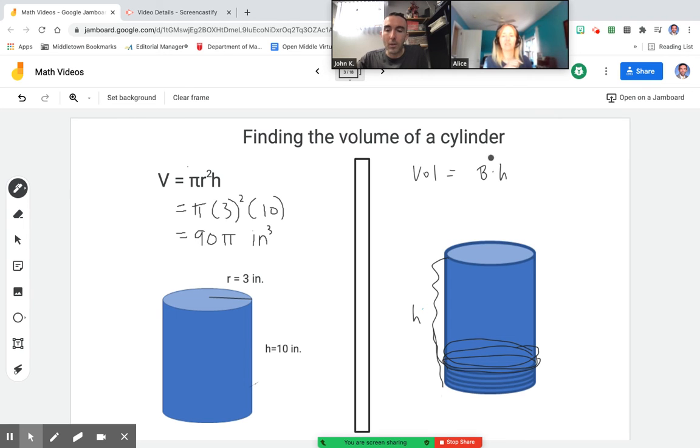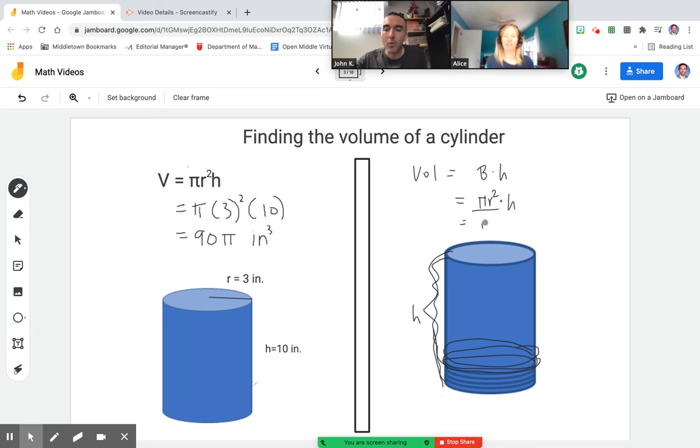If I have a circle area of pi r squared and it travels all the way up from bottom to top, that whole distance is h, the height. So I could also think of volume this way, as pi r squared, the area of the base, times the height. It's like traveling all those circles up to the top.